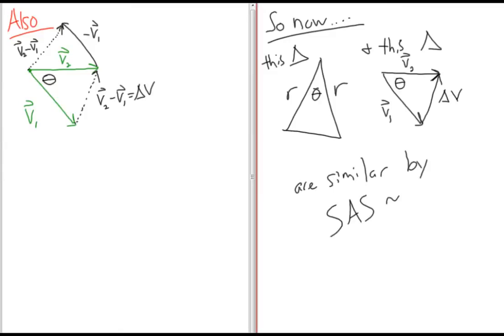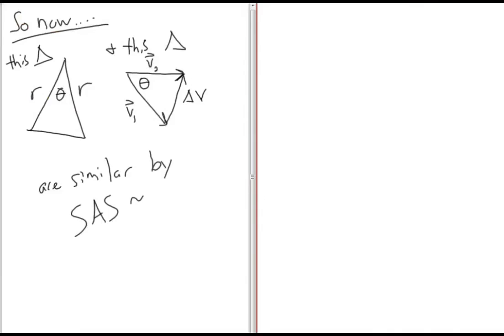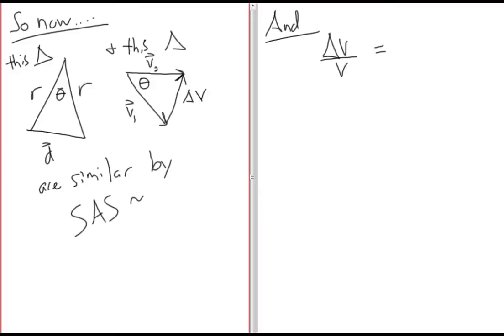Those two triangles are similar by side angle side similarity. Remember, that's yet another geometry concept, that if two triangles have similar proportional sides and a common angle, then the entire triangles are similar. And similar triangles, you can write proportions for them. So delta v, the side across from theta, over one of those v's, since those are the same velocity vector, is equal to the displacement vector.